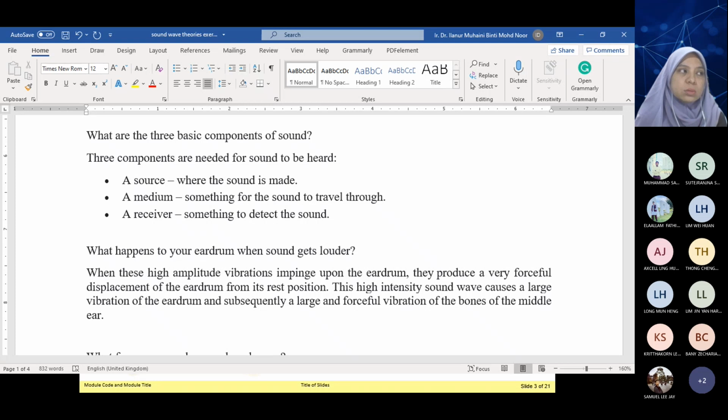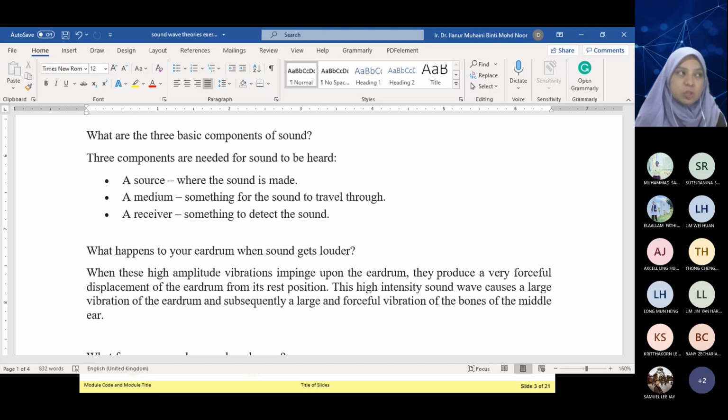So source is important. In any question later, they will mention the source is from siren of ambulance, siren of hospital, siren of police car. So the source will be mentioned.